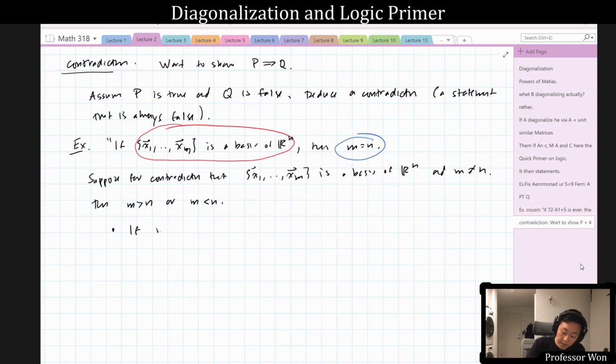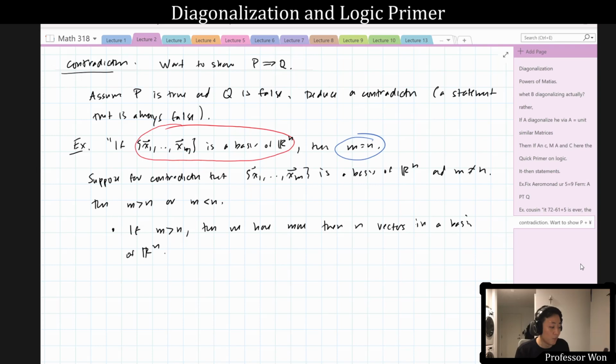If m is greater than n, then we have more than n vectors in a basis of Rn. Right? Because the x's are supposed to form a basis, and I have more than n of them. But we have a theorem from Math 308 that any set of more than n vectors in Rn is automatically linearly dependent.